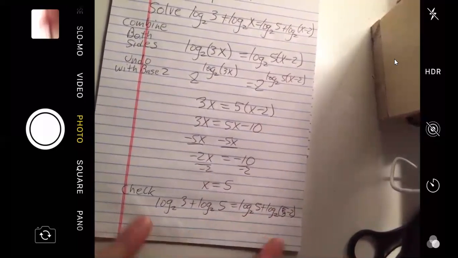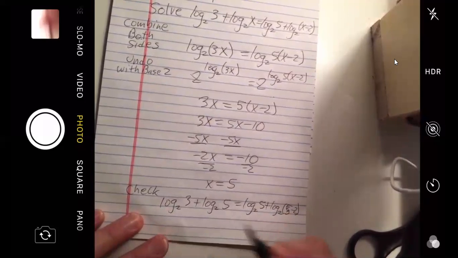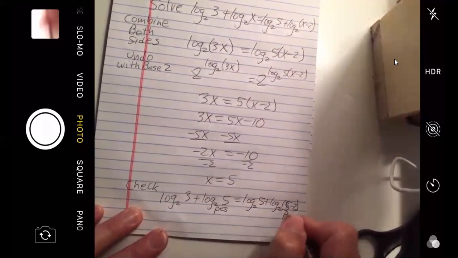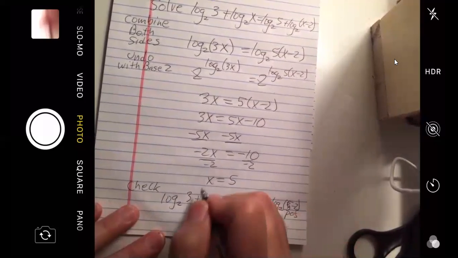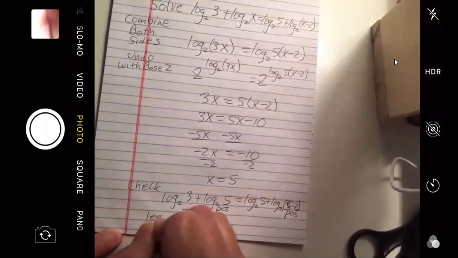You can see that the log base 2 of 5's match, and the log base 2 of 3's match. But what I'm really checking for is that this is positive. When I plug back in, are my logs positive? And yes, they are. x equals 5. Legal. If they'd cooked it so this had not worked, I would have called it no solution.